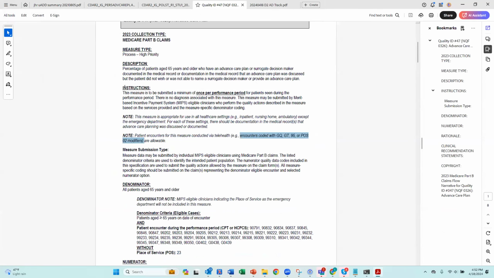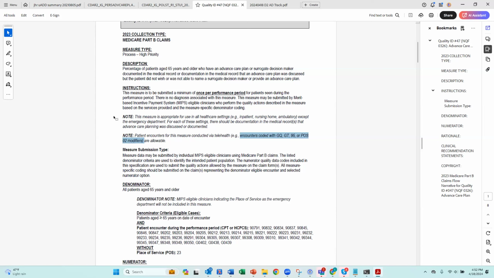And this is percent of patients age 65 years and older who have an advance care plan or surrogate decision maker. So that's your healthcare agent. This is your actual document. Or documentation in the medical record that an advance care plan was discussed, but the patient did not wish or was not able to name a surrogate decision maker. That's an example I should have, is that I don't have one, and I have a reason why. That was sort of driving the examples that we made.